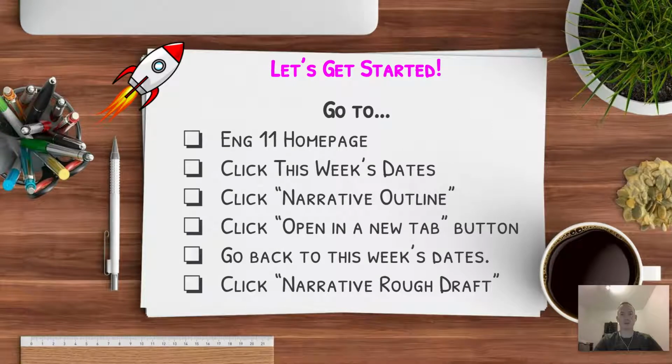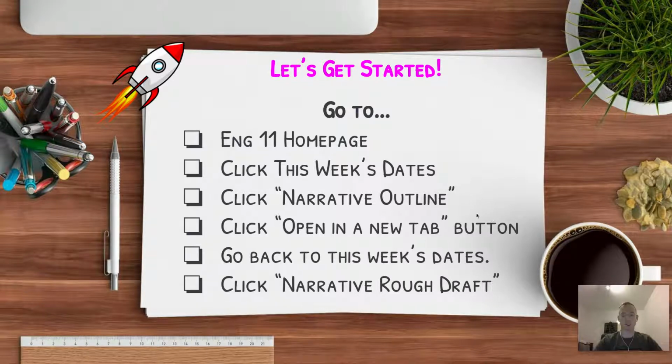Usually my comments were reserved for if people forgot to put things in, or if there was a piece of information that I needed from you. You don't have to fix it in that outline and resubmit. The grade is what it is. But the suggestions are there for you to remember to do what you need to do in the actual rough draft of your story. Once you're done looking at that feedback, you can pause the video here and take a look at that feedback.